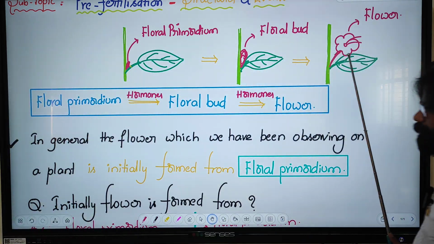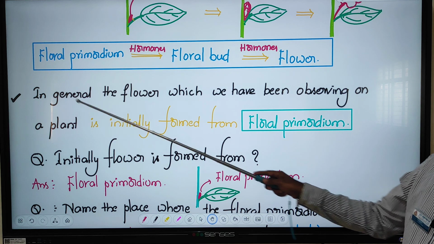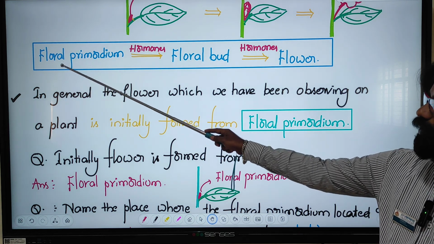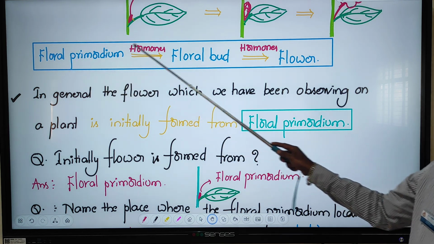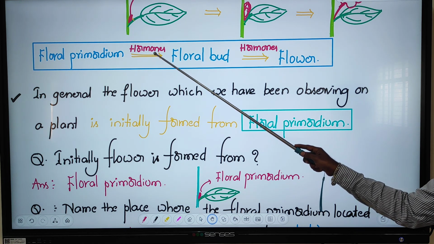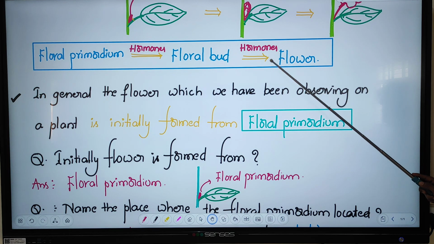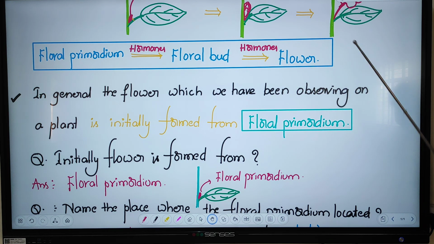So the diagrammatic representation is given for the floral form. See that flow chart. The floral primordium is involved in a number of hormonal changes and forms a floral bud. The floral bud again is involved in a number of hormonal changes. Then finally differentiation, afterwards the flower formation.